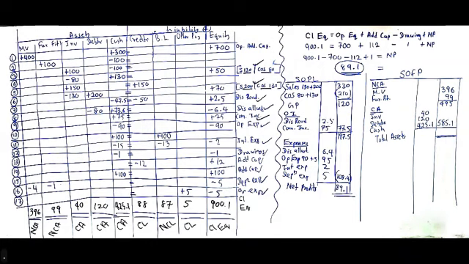Correct me if I am wrong. 1080.1 is the value that I got. I don't know whether it is correct. You all check it. Don't just copy my numbers. You all do it alone.